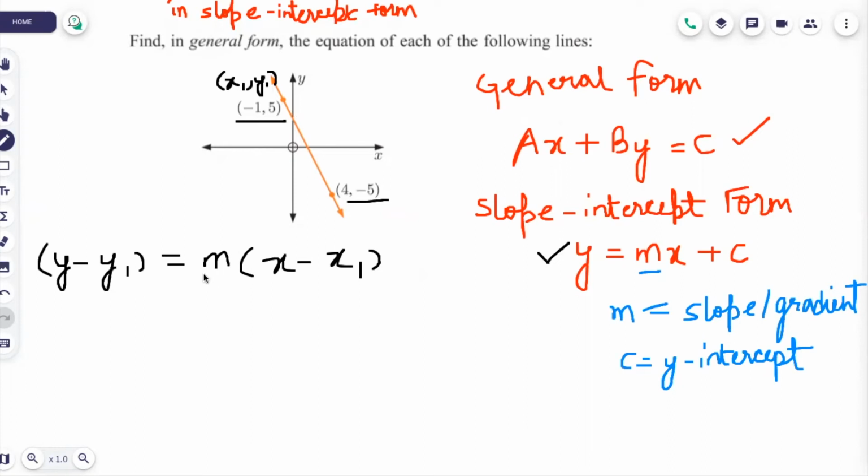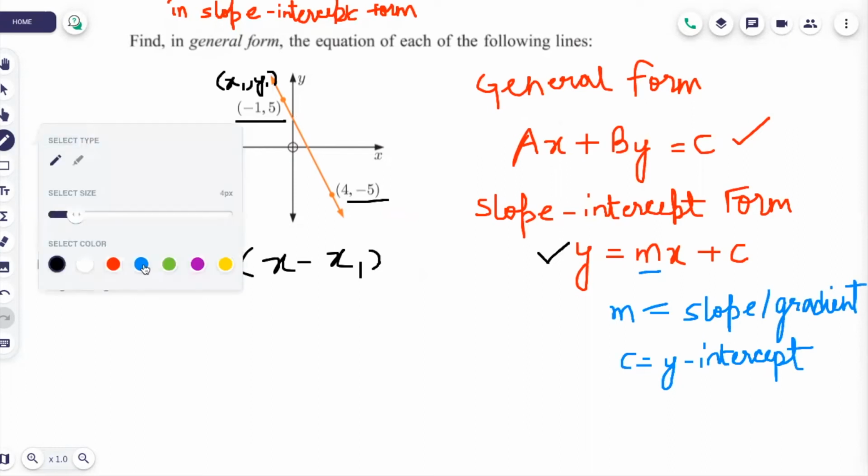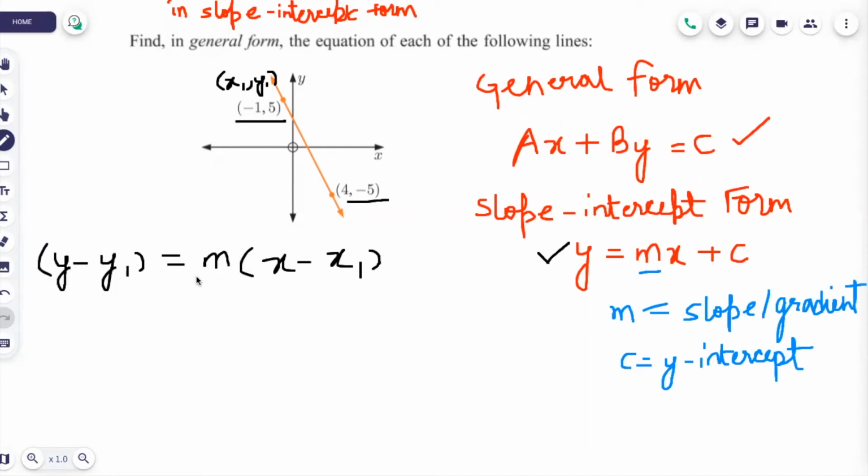Okay, m stands for gradient, which we are going to find out. We have been seeing the formula for finding gradient when you have two sets of coordinates. It is y2 minus y1 upon x2 minus x1. So first thing, I'm going to find the value of m. I'm taking the other coordinate as x2 y2. So let's find m first.